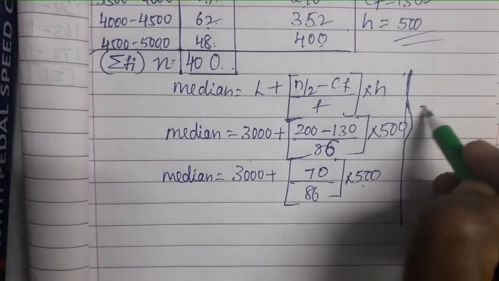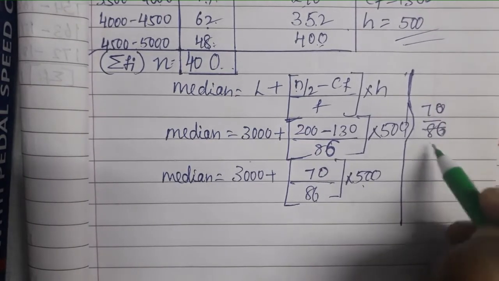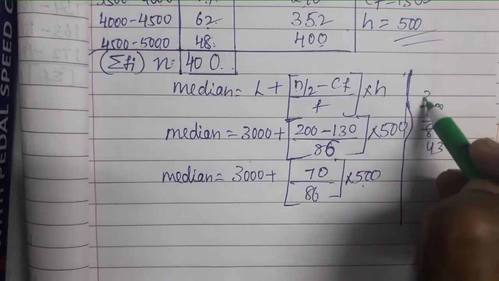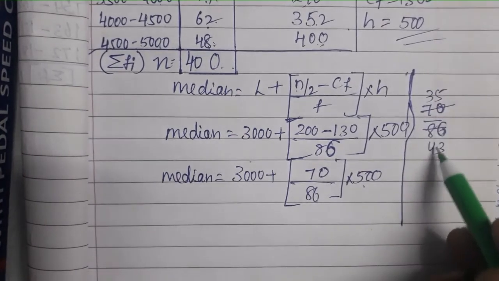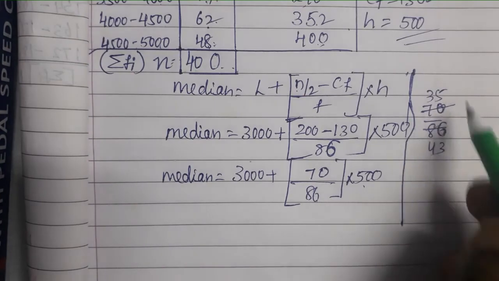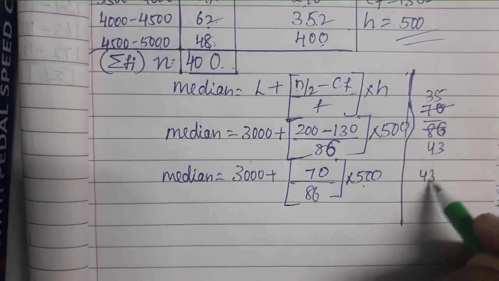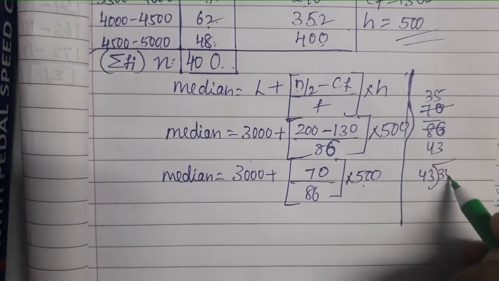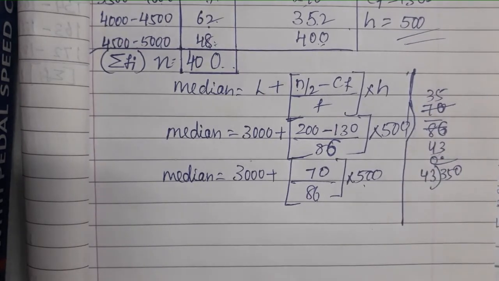Okay, 70 by 86. 2 3s are 6, 2 5s are 10, 2 4s are 8, 2 3s are 6. This is 43, this is 35. So really impossible to divide this. So therefore what I can do, because it is impossible, I have to divide like this only. 0 point. It will become 350. Okay, this is becoming 350.